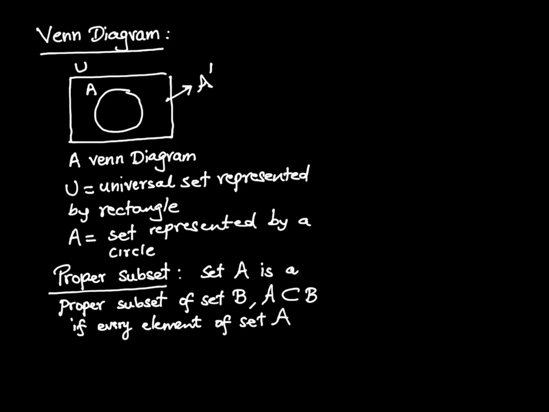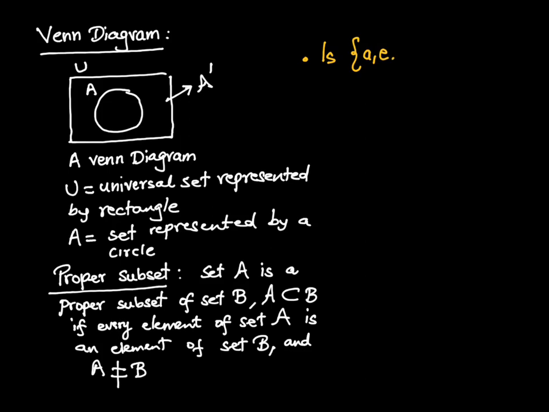If every element of set A is also in set B, and A and B are not equal to each other. So the equal part is not there. So let's see an example here.